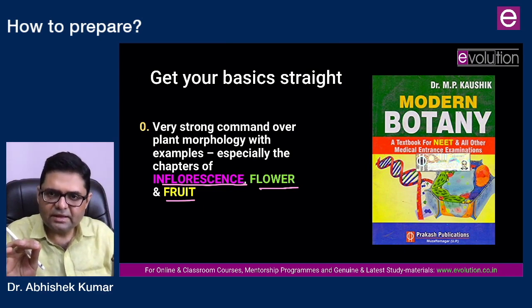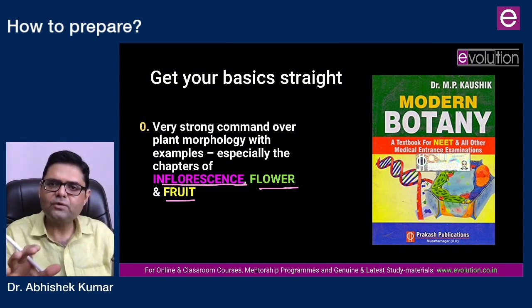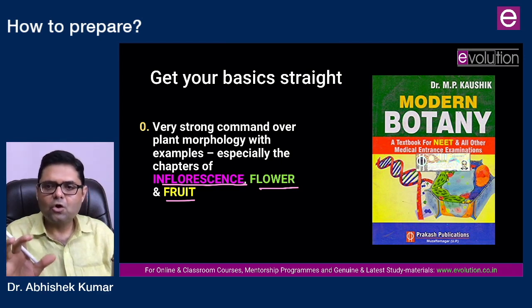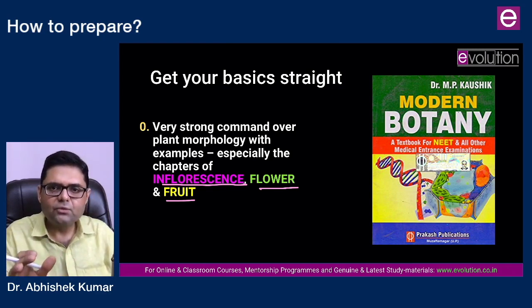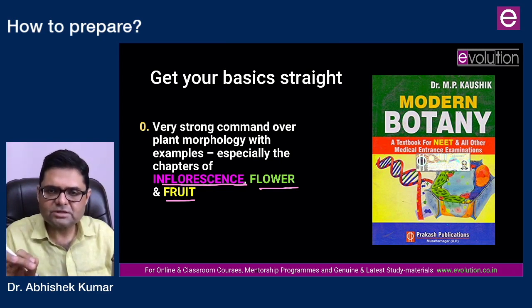It is these 3 chapters from where you will be developing your operational glossary to understand and describe angiosperm families. Most of the students who struggle in this part of the syllabus, angiospermic families, especially those who have not done field work or practical work in the domain of angiosperm taxonomy, they all will struggle.